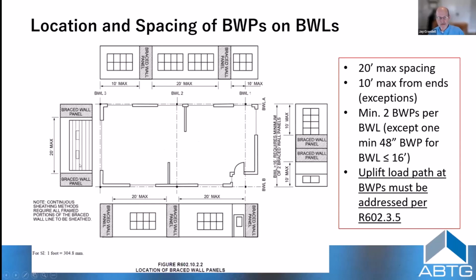Continuous sheathing also has to have braced panels within its length between window and door openings, even though it's continuously sheathed above and below. But that continuous sheathing above and below the openings is just to make sure those brace panels are anchored a little better and provide a little higher strength. That's why you get the advantage out of the continuous sheathing.